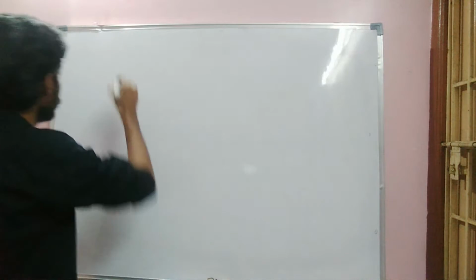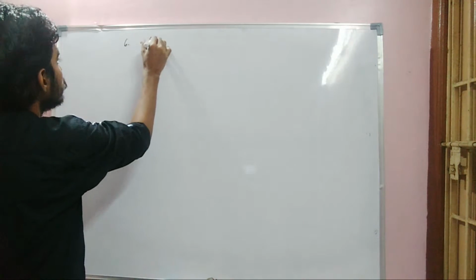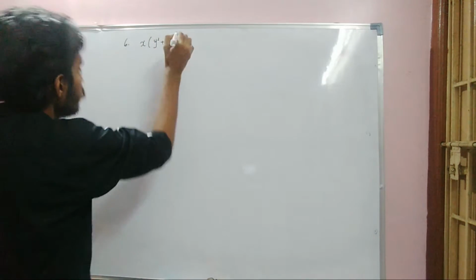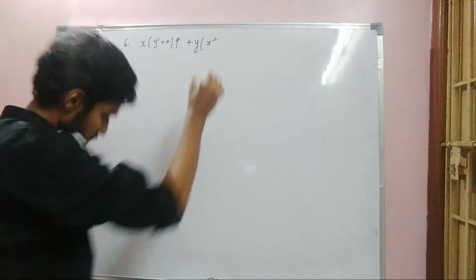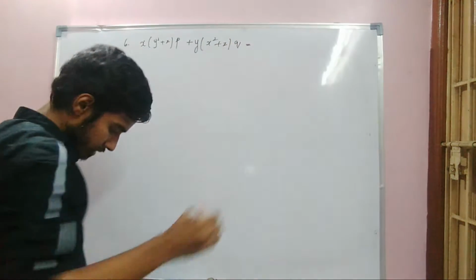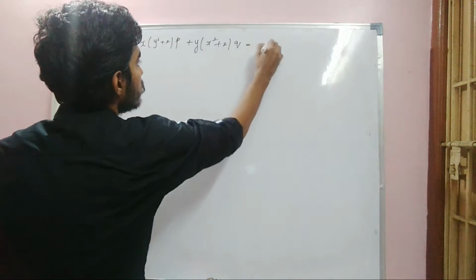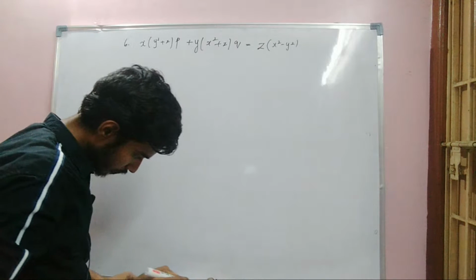So sixth problem: x into y square plus z square into p plus y into x square plus z square into q is equal to z into x square minus y square.